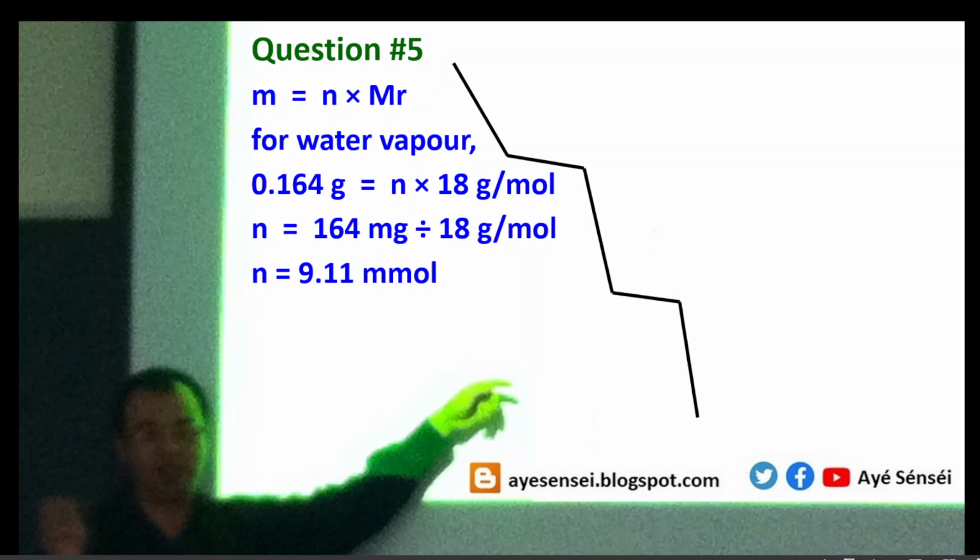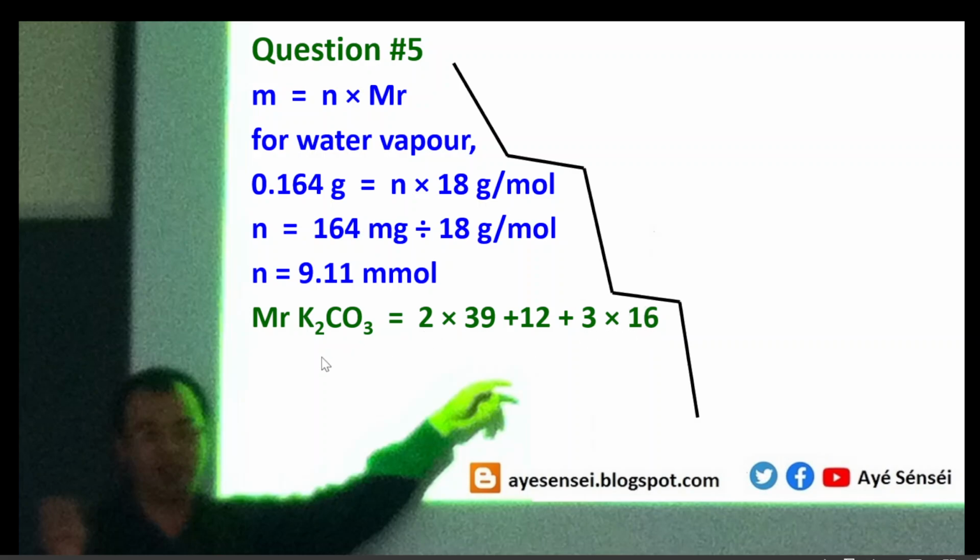Next we apply the same thing for potassium carbonate, but first we need to find the Mr value. If we take a look, there are 2 potassium atoms, so 2 times 39, and then 12 is from carbon, and this is oxygen. There are 3 oxygen atoms.